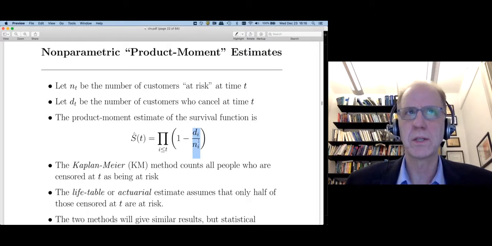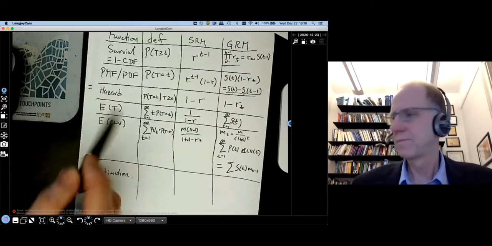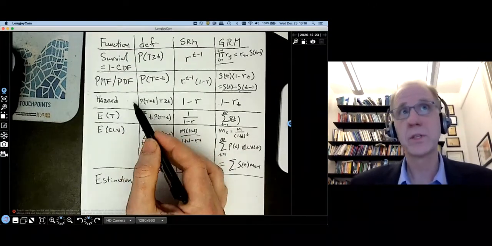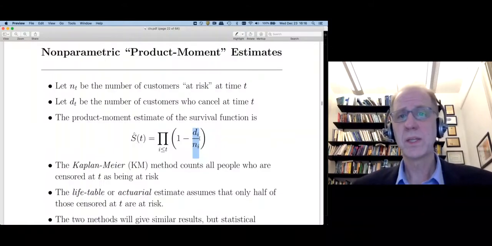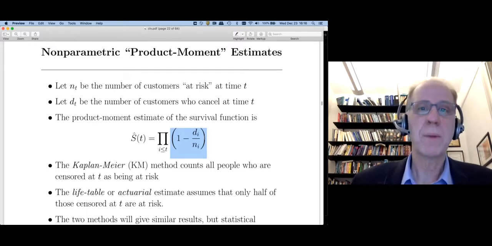I've changed the index here to i, since we're going to take the product of i up through t. If I take 1 minus the hazard rate, I get the retention rate. So 1 minus the retention rate gives me the hazard, and 1 minus the hazard gives me the retention rate. We can think of this whole thing as being the retention rate at time i.